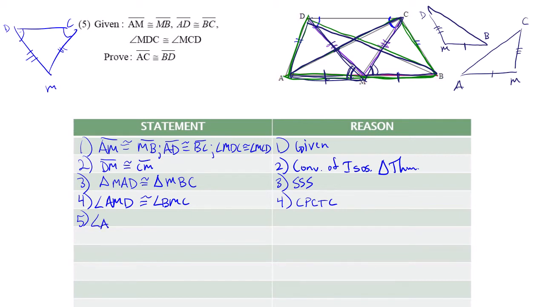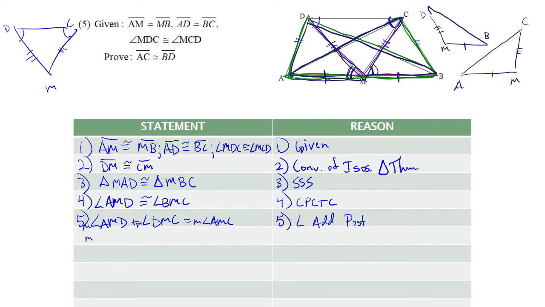So the measure of angle AMD plus the measure of angle DMC is equal to the measure of angle AMC. Right, and that's the angle addition postulate. All right, and in the same way, I can say that these two angles add up to angle BMD, right?